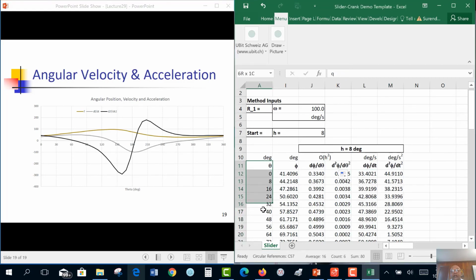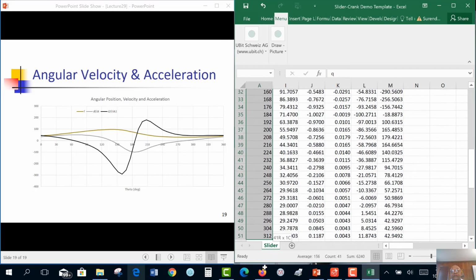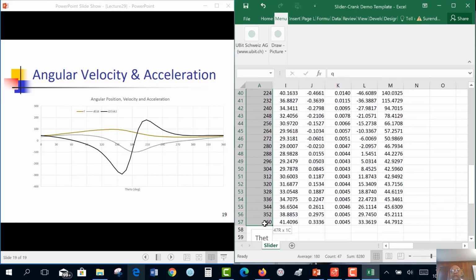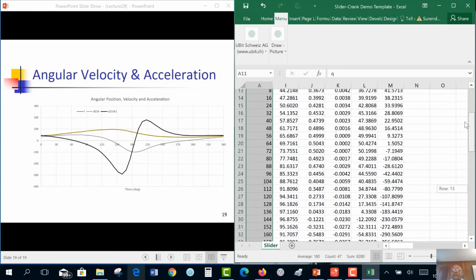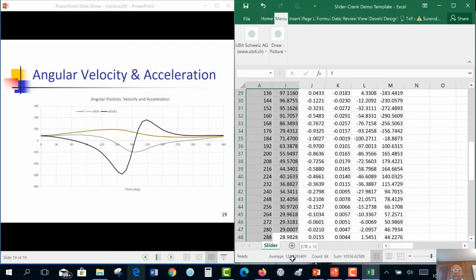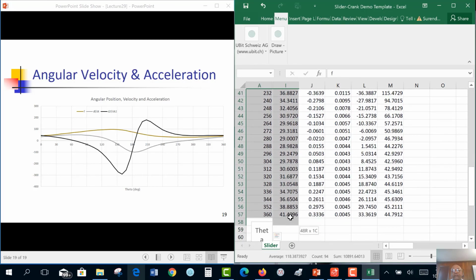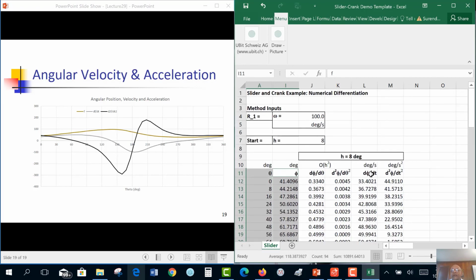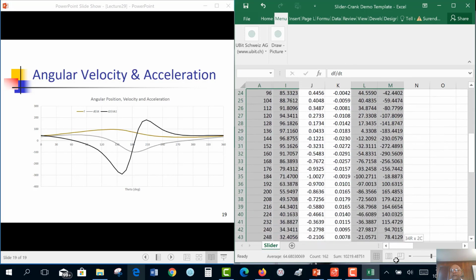So we can take theta and we can take phi. So hold down control key, phi. Hold down control key again and select both of these columns.